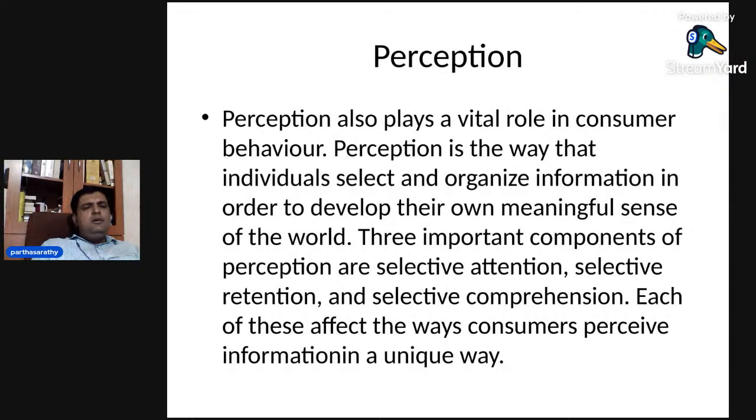It is not about the choice of the color. It is how well it can attract your attention that is very important. So that is why selective attention. Since the human mind has the capacity for selective attention, all these things have been done.